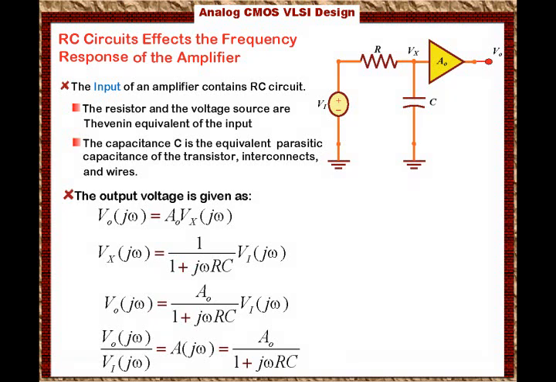So this is very exciting. Let's go back and review what we said. All we said is if you have an RC circuit by itself, then the voltage across the capacitor will drop as the frequency increases. And then we said that if we amplify the voltage across the capacitor using a CMOS amplifier, this signal Vx will be amplified through the amplifier.